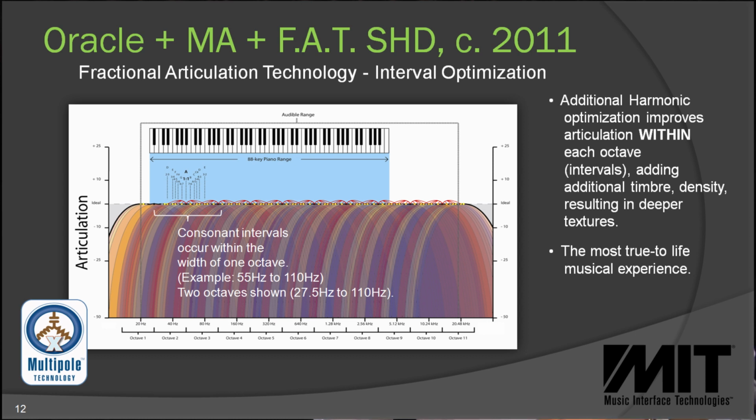Now, what happened when we added Super HD fractional articulation technology is we just got that little bit more timbre, that little more texture. The image became just that little more dense, and we feel like this is the best that we can do with the understanding that we have of the technology to date.